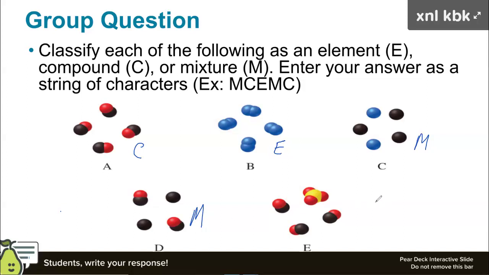And in letter E, I also have a mixture, where I've got a mixture of two different compounds. Got the carbon monoxide compound there, and I've got the probably sulfur trioxide there. Right. Any questions with this one here?